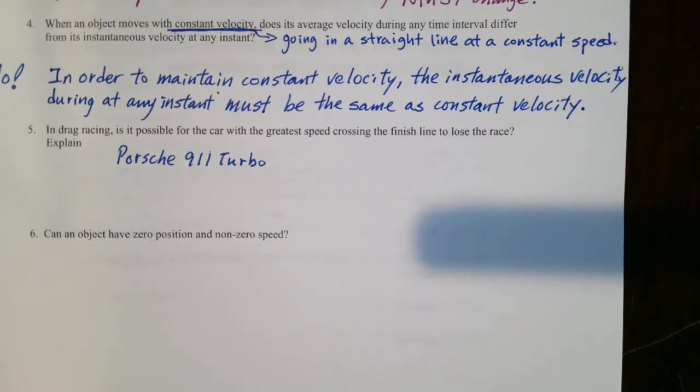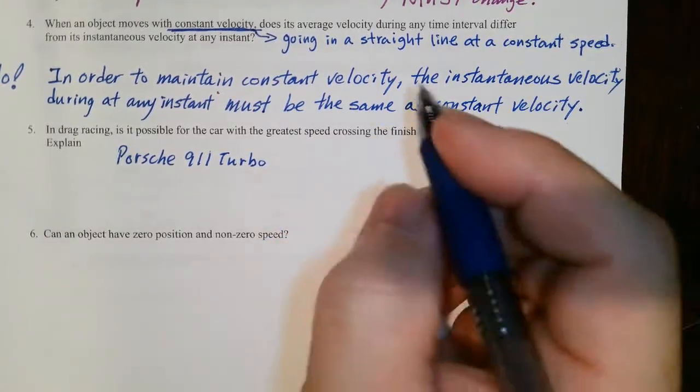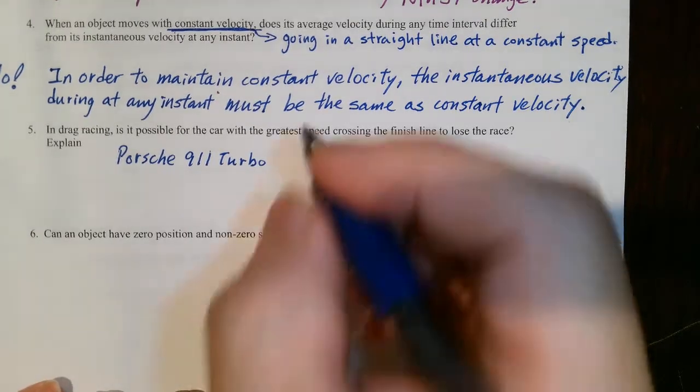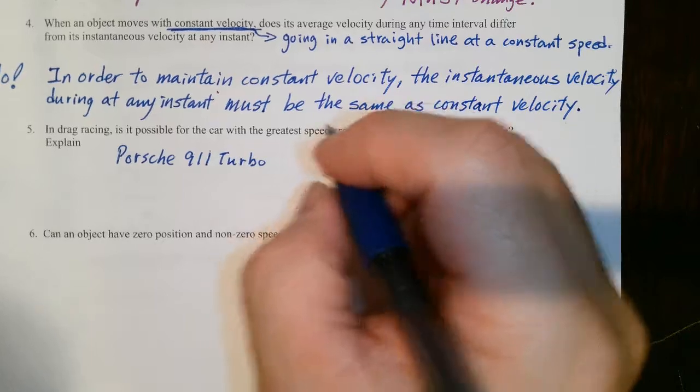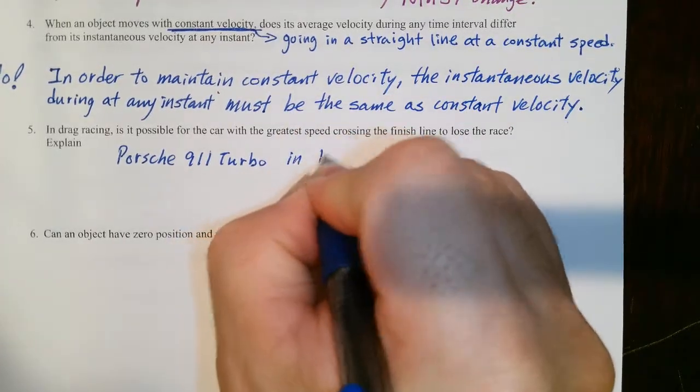And let's say I drag race, and I could actually drag race just in first gear. I don't even have to move into second gear. I can go from 0 to 60 miles per hour in first gear in 3.2 seconds.